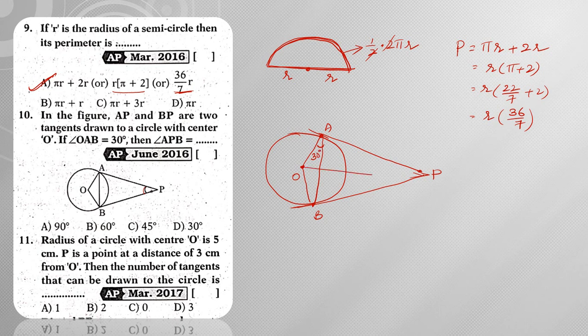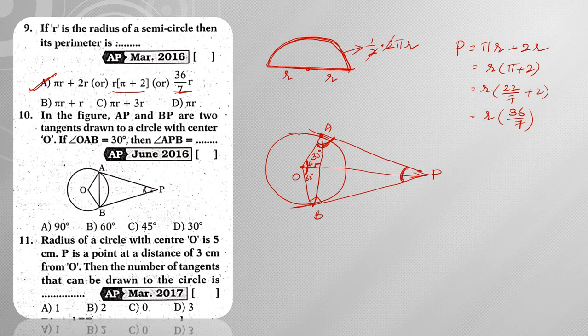Now, when you join OP, what am I going to have? This particular angle is 90 degrees and this is 60 degrees. Since this is a right angle triangle, if this is 30 degrees, then this is 60 degrees. If this is 60, this is also 60, right? And already we know at the point of contact it will make a 90 degrees angle, and you can simply say that this angle at point O will be the supplement of this angle, right?